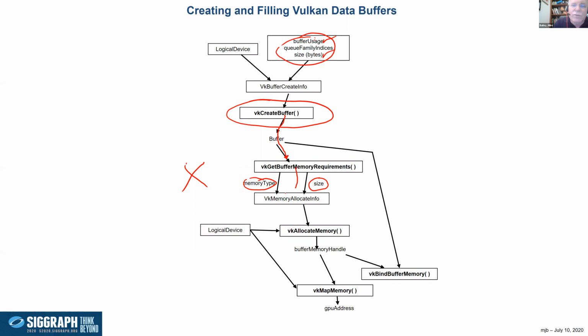That then flows into a struct called memory allocation information, which then flows into the allocate memory function. That returns back a handle which we can combine with the buffer data structure when we go bind that buffer memory in order to use it.